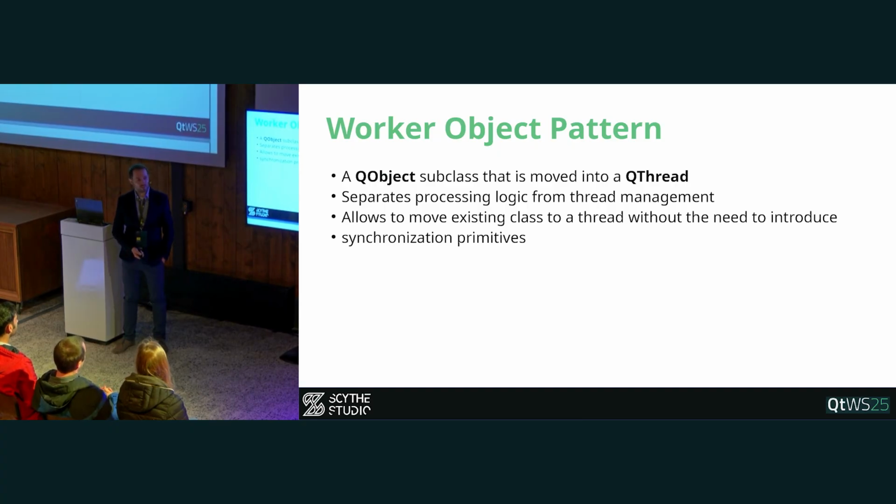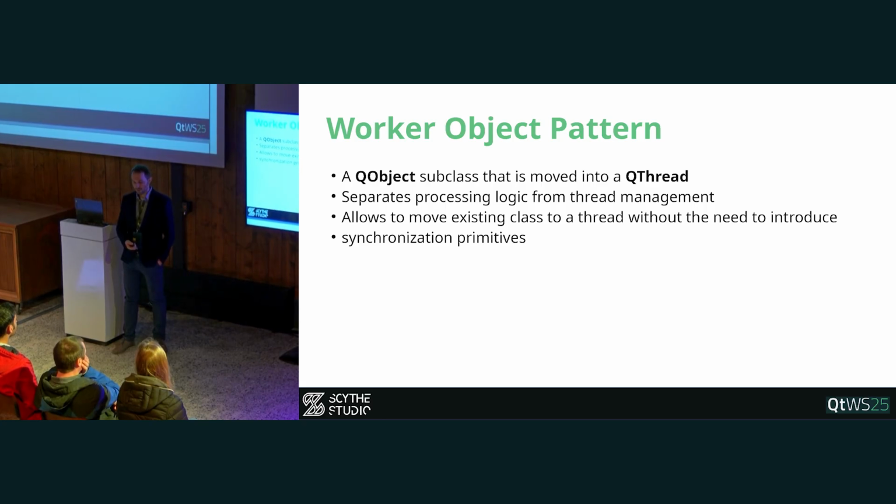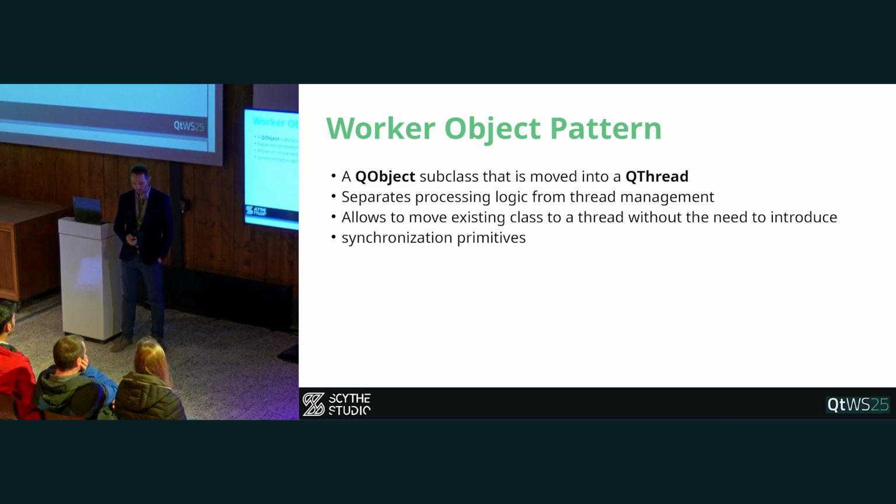Also, what is nice about this pattern is that potentially it allows you to quickly move existing single-threaded code to a separate thread. It is not always possible. It, of course, depends on how your code is structured, but if your code doesn't access any other objects in the application, then you can simply move an existing class to a background thread using this pattern.